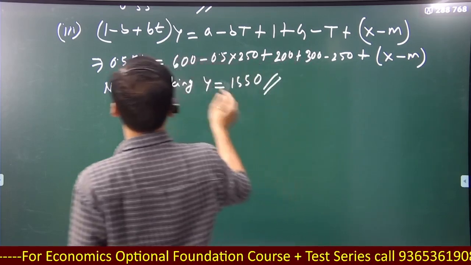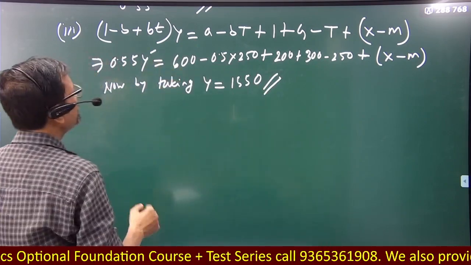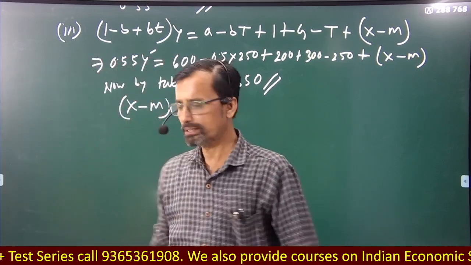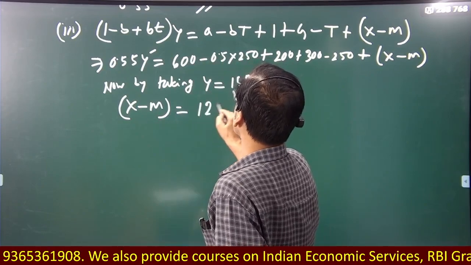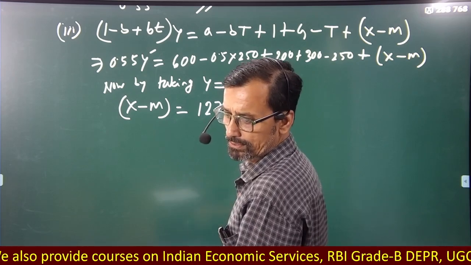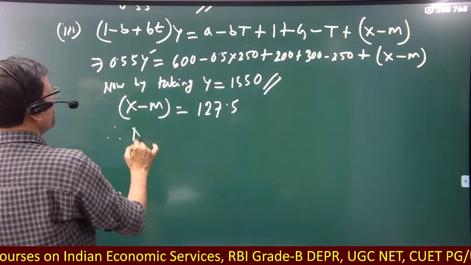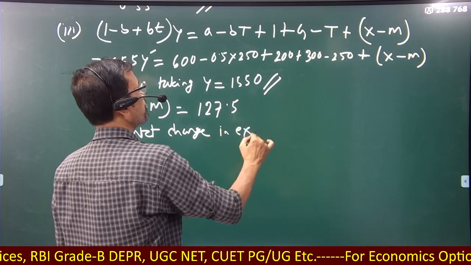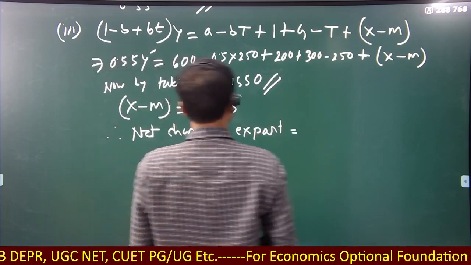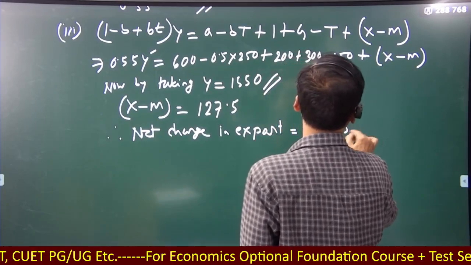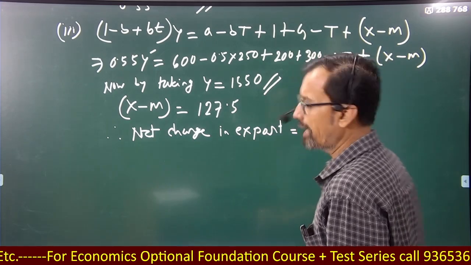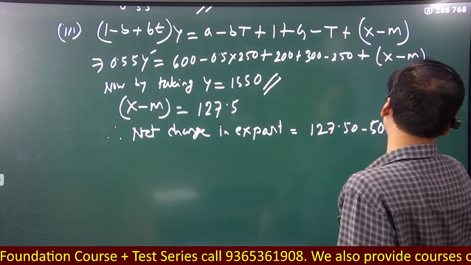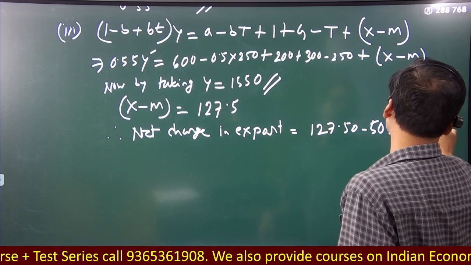When we put the income in place of Y, we'll get net export 127.50. So what will be the net change? Net change in export: 127.50. Earlier net export was 50. So what will be the change? 77.50.